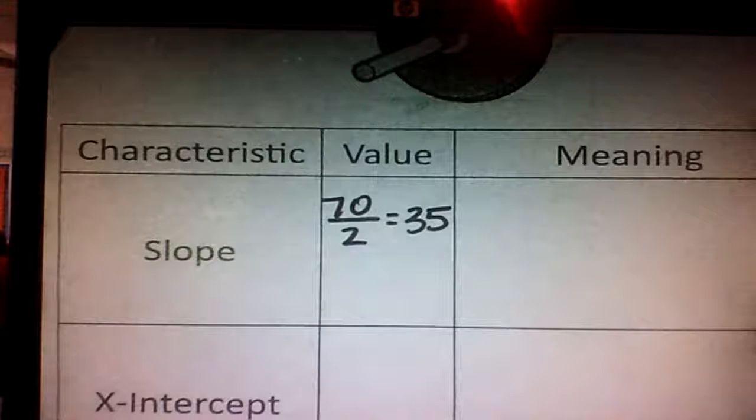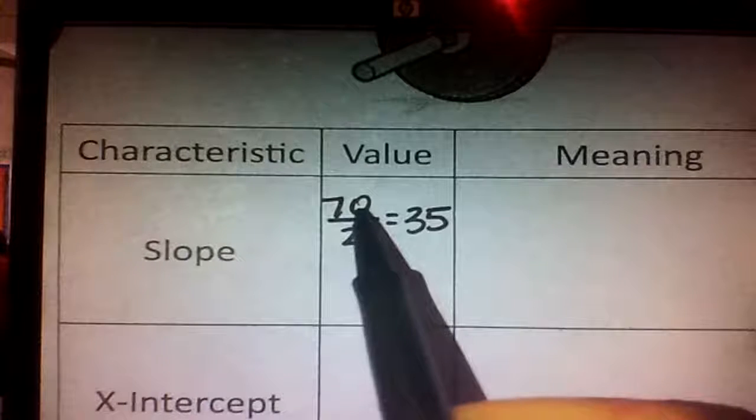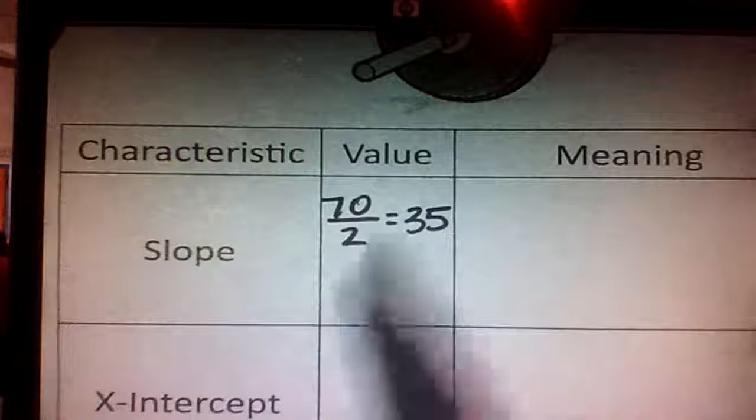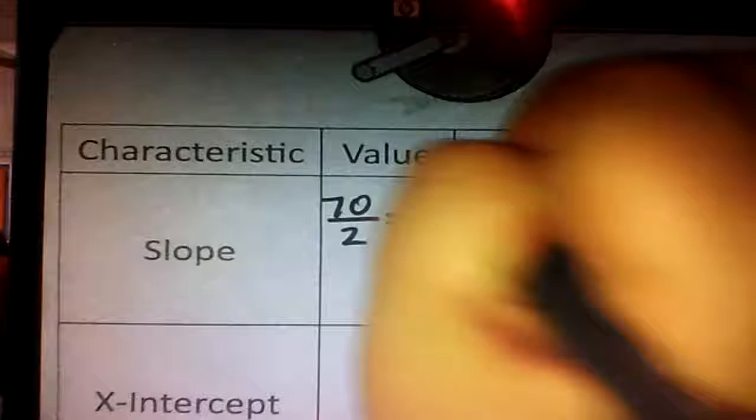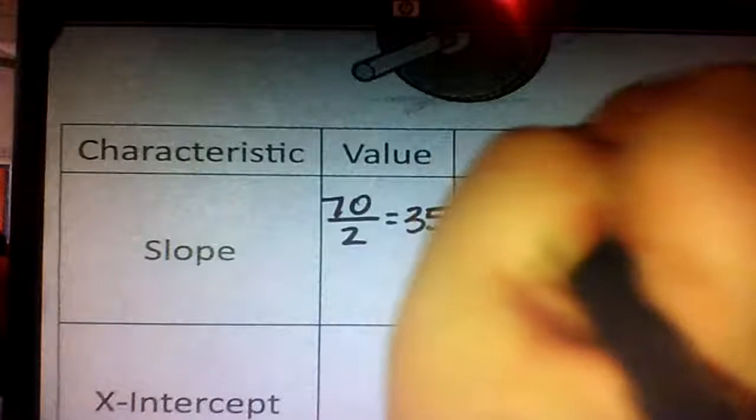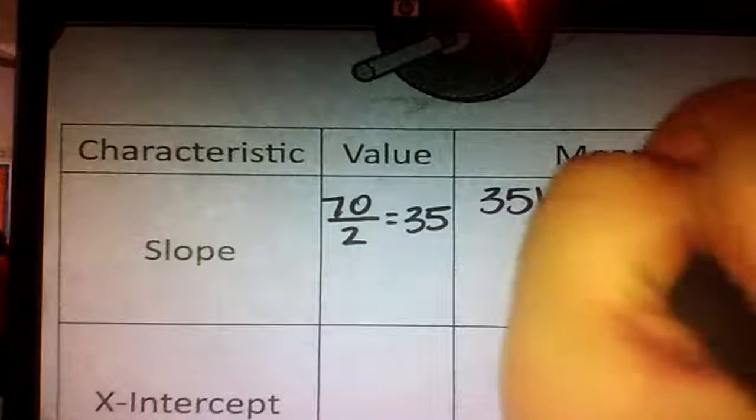What does this mean? 35 what per what? Remember, it's changing y over changing x. So what does y represent? The weight. So 35 pounds per plate.